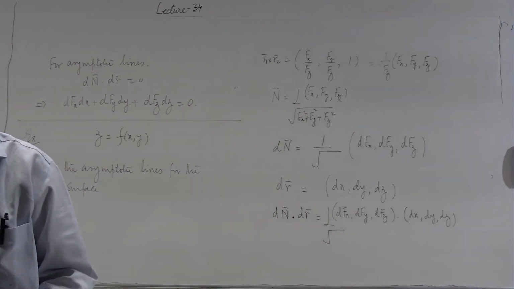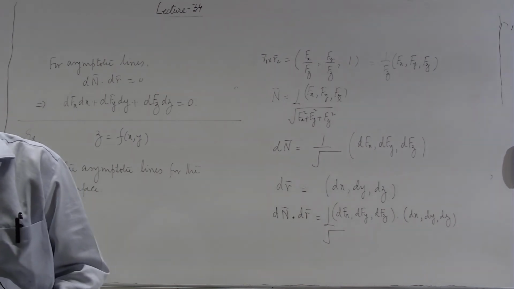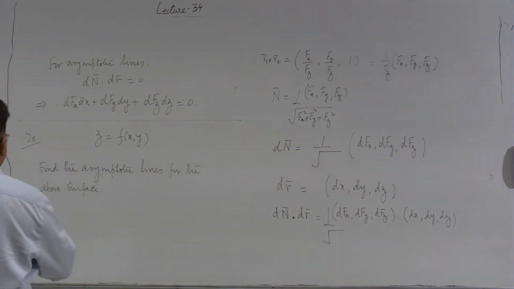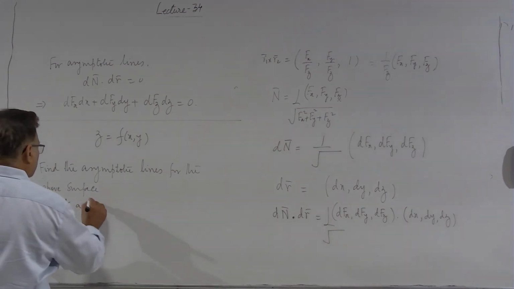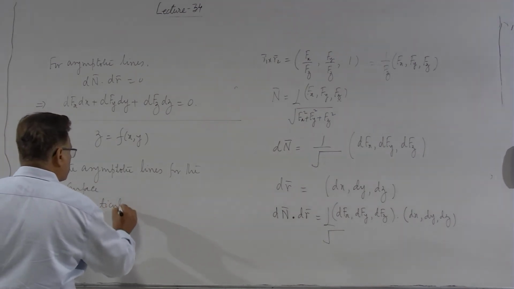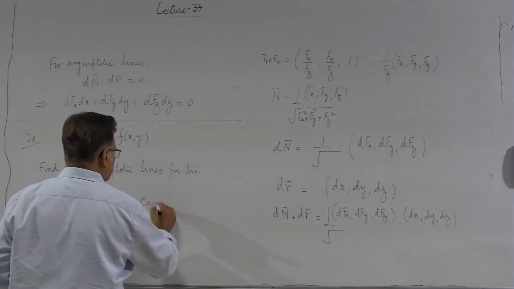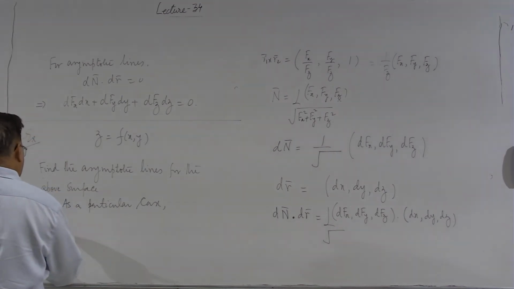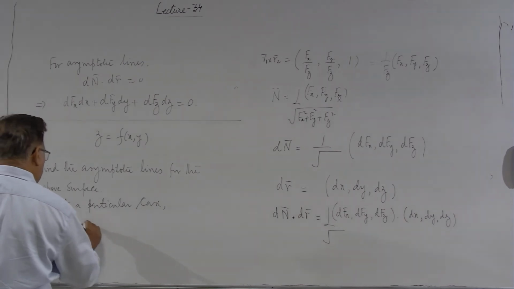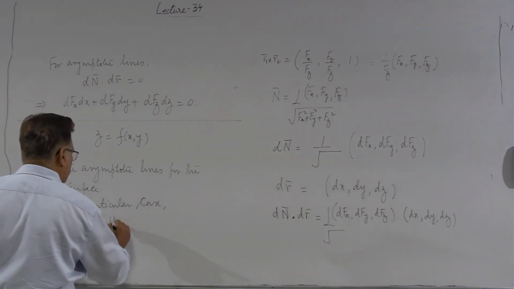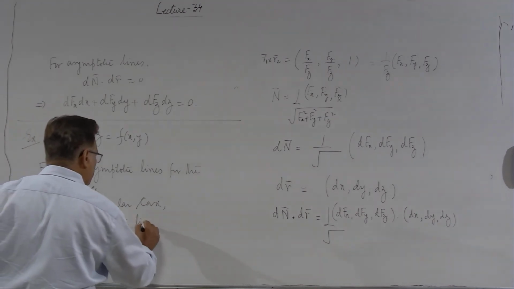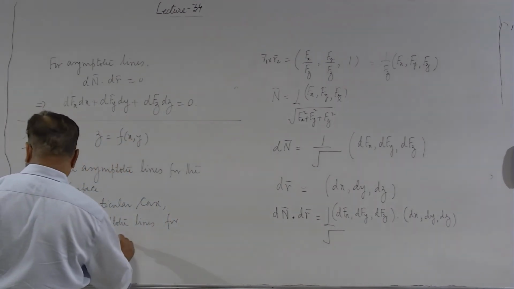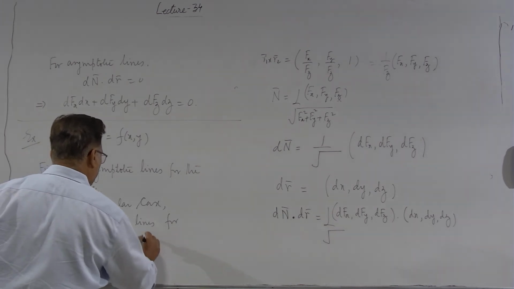Now, there are many other problems. As a particular case, you can take up: find the asymptotic lines for z equal to x to the power 4 plus y to the power 4.